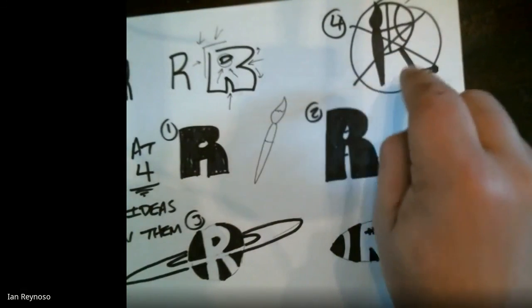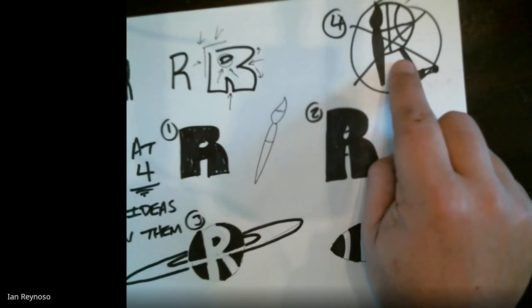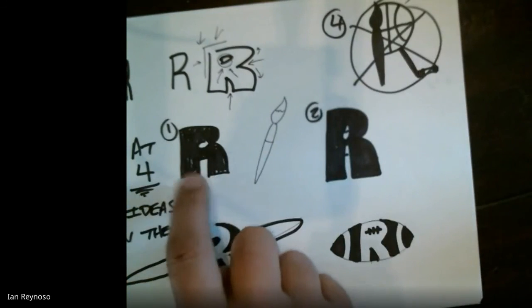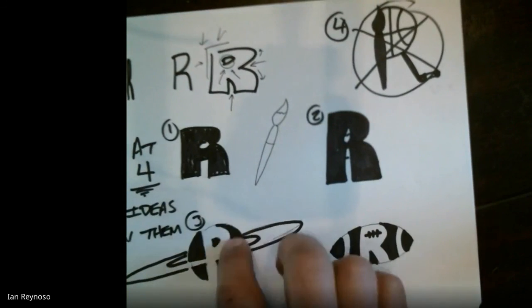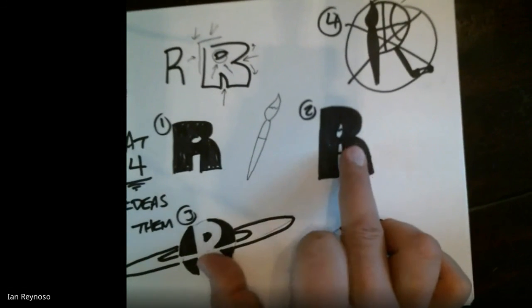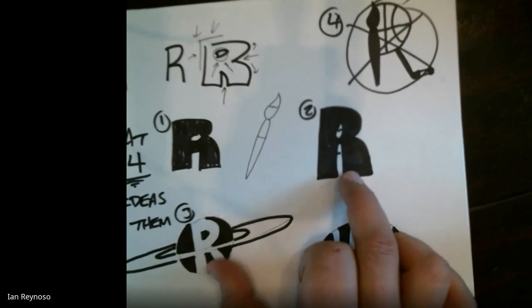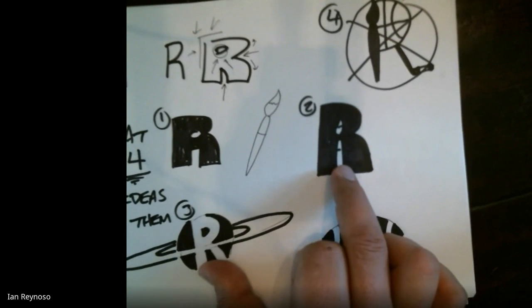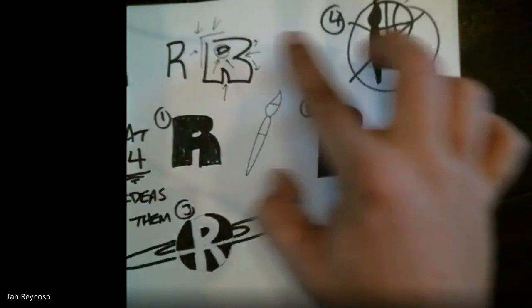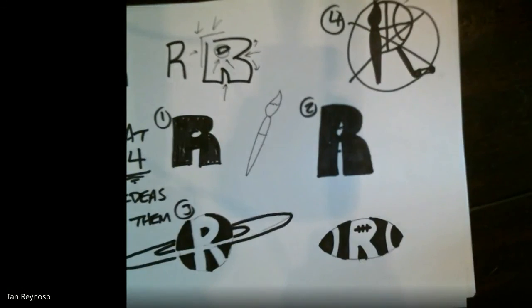Definitely not 4. Remember I said don't do that one. Number 1 looks all right, but you only have a letter. You don't have something that represents you. Number 3 and number 2 look pretty good. They're probably your strongest. So I'll let you pick whichever one of those you want to do and turn in as your final. And then you'll redraw it on a full sheet of paper, and that will be your final project.